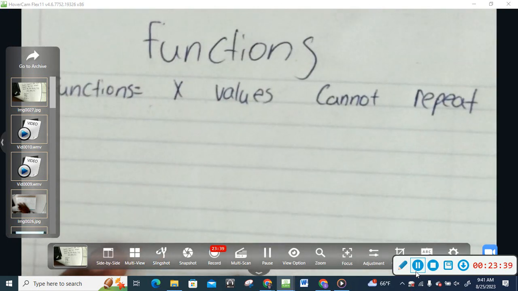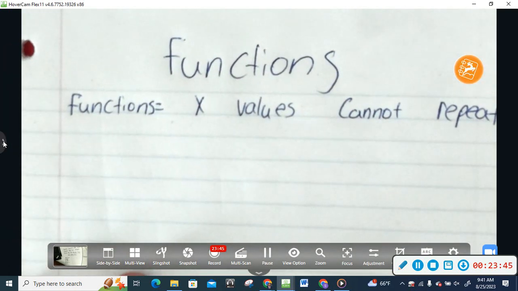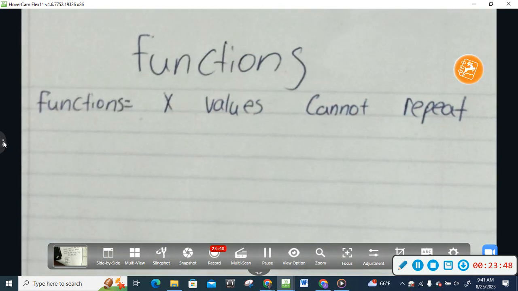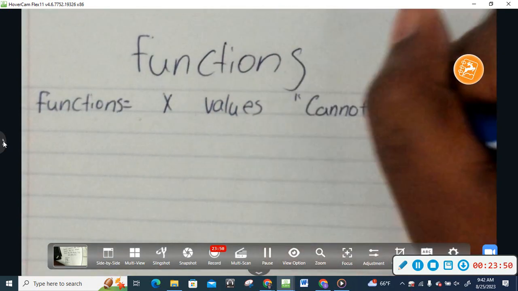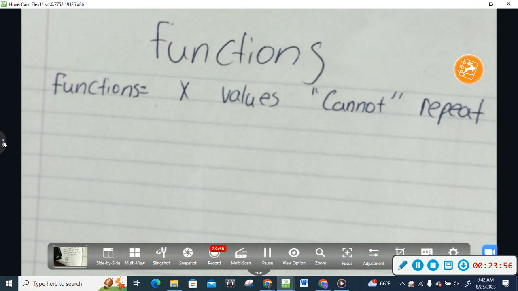That's all I need to know about functions. X values cannot repeat, as far as knowing what it is. That's all I need to know. I'm going to put that in quotation marks. I lied, quotation marks, not parentheses. So functions means that X values cannot repeat.